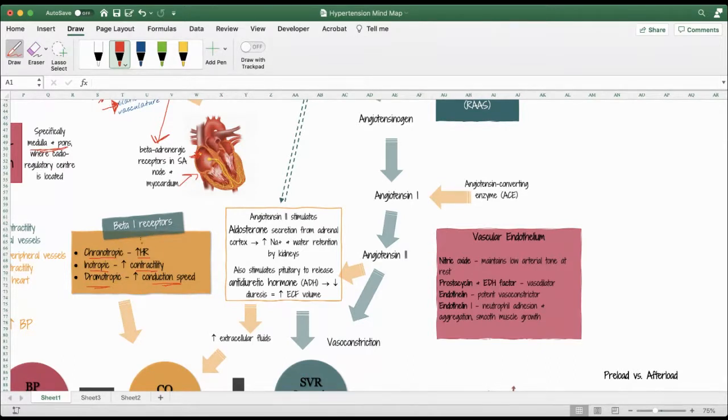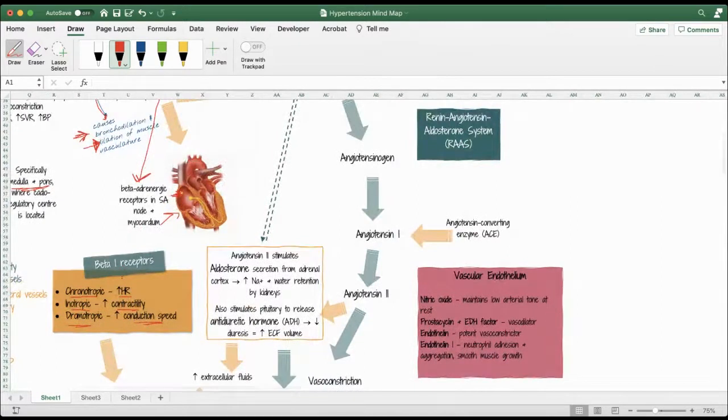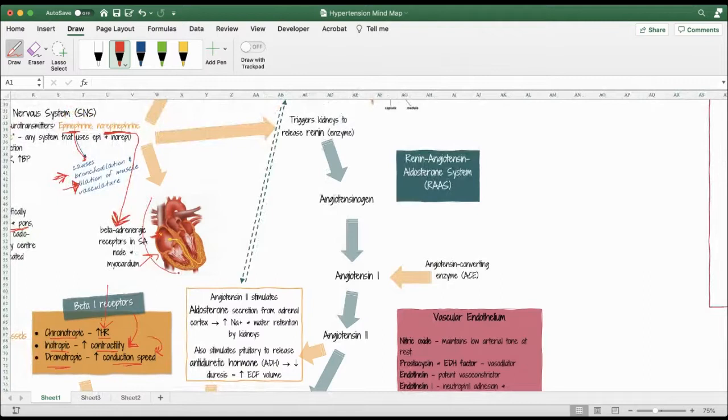But really, the bottom line is understanding that norepinephrine is going to hit those receptors in a way that makes the heart rate increase, makes the heart contract stronger, the actual movement stronger, and then speeds up the conduction of the heart. So what you're having there is an immediate response in the heart.